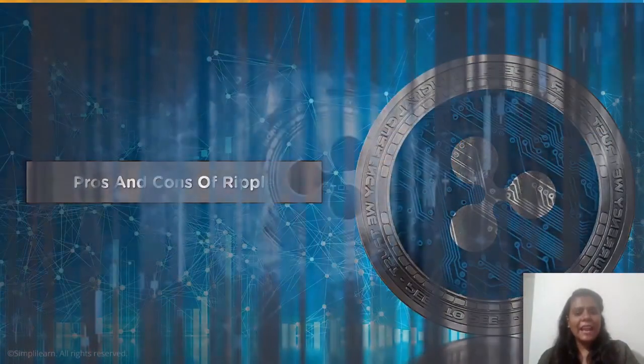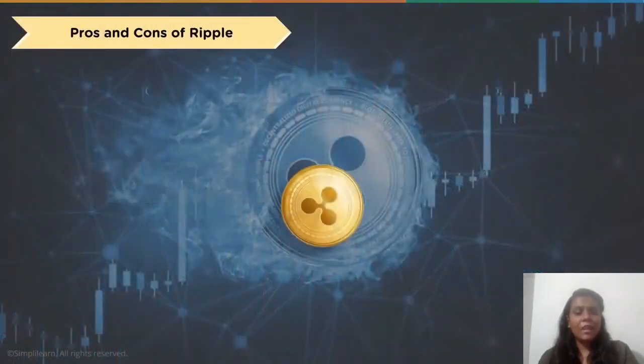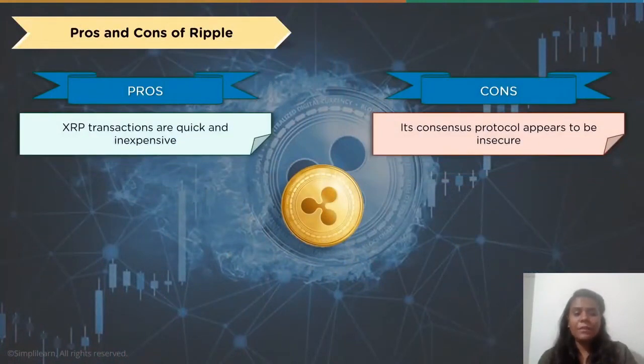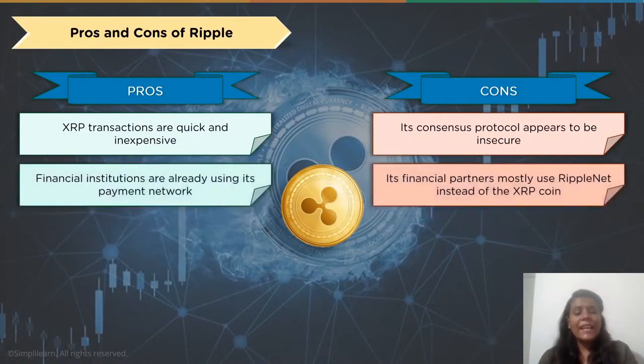Though XRP transactions are quick and inexpensive, Ripple's consensus protocol is perhaps less secure than other crypto transaction processing technologies. Next, even though financial organizations are already using Ripple's payment network, Ripple's financial partners primarily use RippleNet rather than the XRP cryptocurrency.